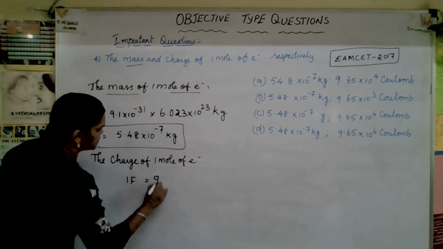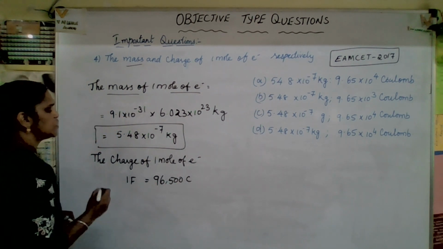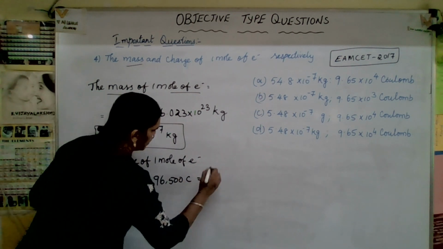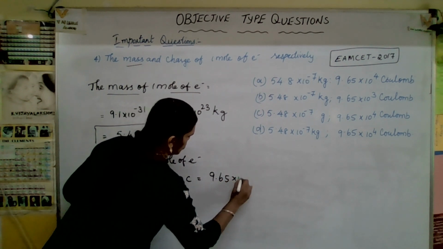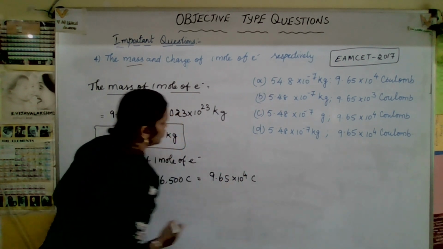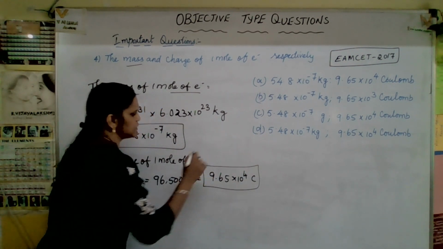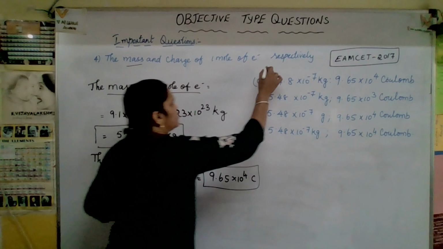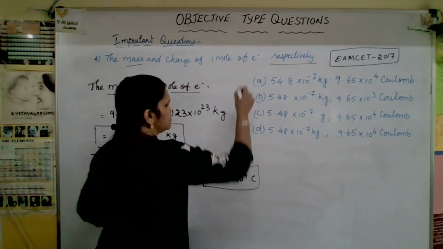So 1 Faraday is 96,500 coulomb. How can you write it? 9.65 into 10 to the power of 4 coulomb, right? Okay, now this is the second answer. Now respectively they have mentioned, so the first option, 54 point, yes, it's wrong.